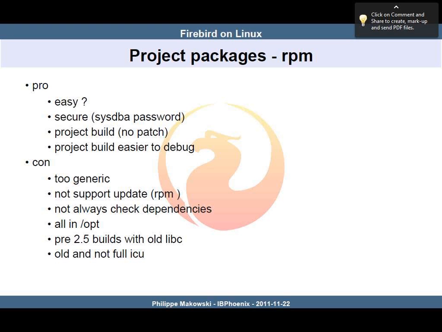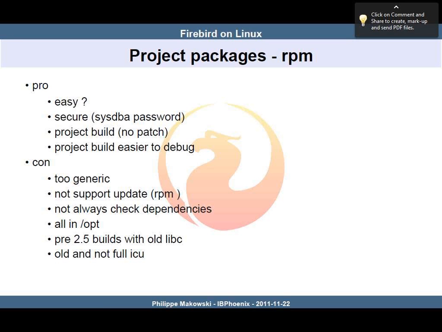Con: it's too generic. The RPMs that we provide in the project are very generic and not well integrated with the distribution. So it's not a very good choice for that. It doesn't support update. You can only install and remove. You can't update the project-supplied RPM.